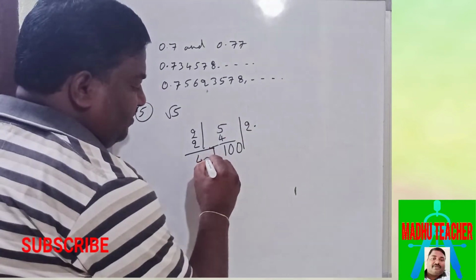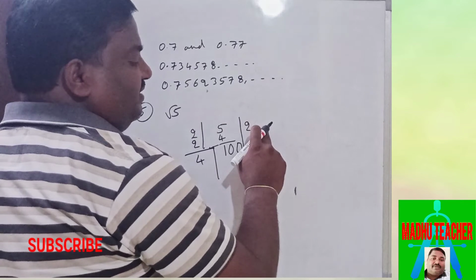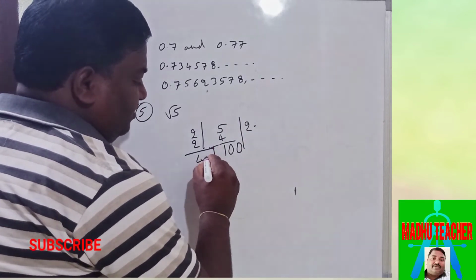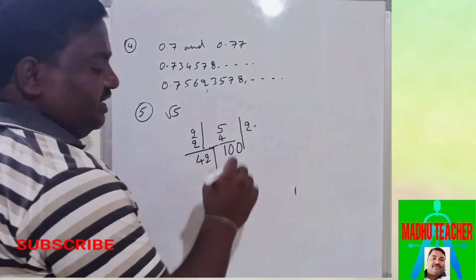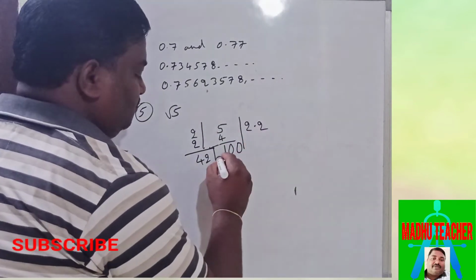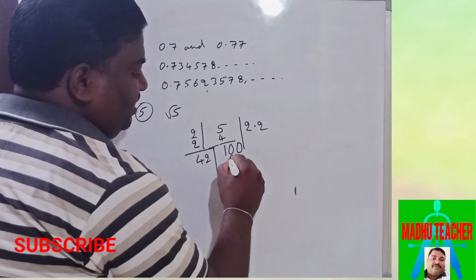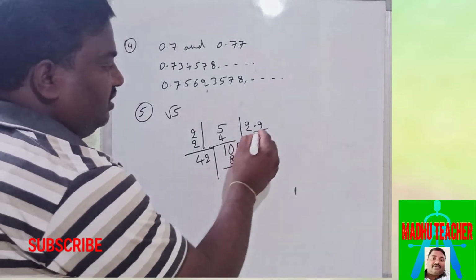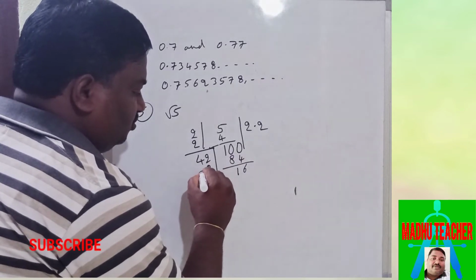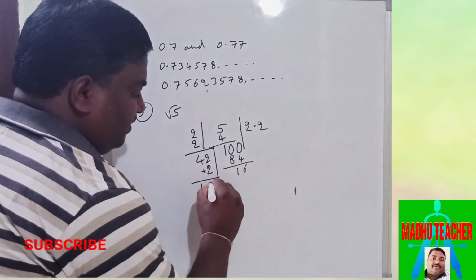Now put a number beside 4 and multiply with the same. If we take 3, we'll get more than 100. So I'm taking 2. 2 2s are 4, 2 4s are 8. 6 and 1. Again add 2 to this 42, we'll get 44.